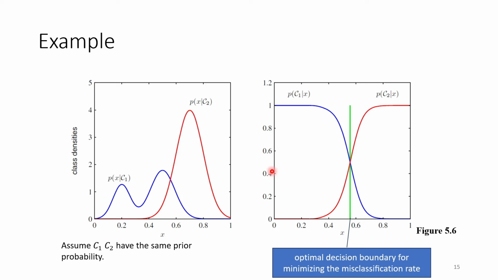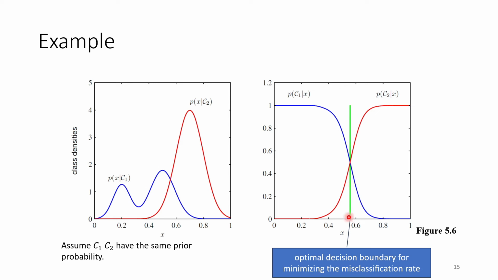Then the posterior probability for the first class will be this, and the posterior probability for the second class will be this, and we will set a decision criterion. It is the green line here. If the x value is less than the decision boundary, we will predict class 1, and if it is greater than the decision boundary, we will predict class 2, so that we can minimize the misclassification rate.